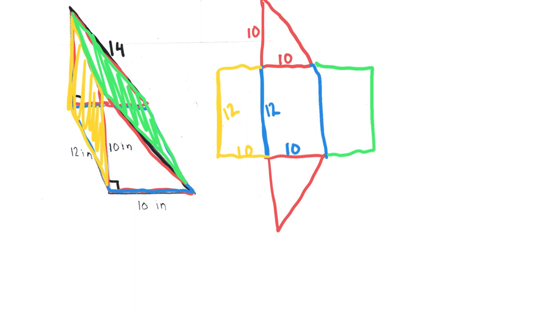The base here of this green shape, or the length, this is the 14. That's the diagonal there. So this is definitely not drawn to scale. And then my height is also 12. So there is my net with the given three-dimensional shape.